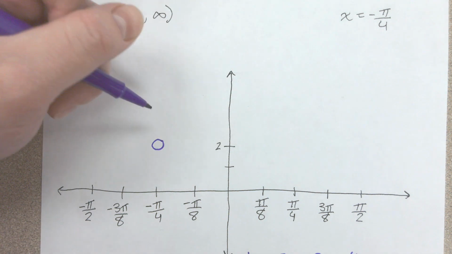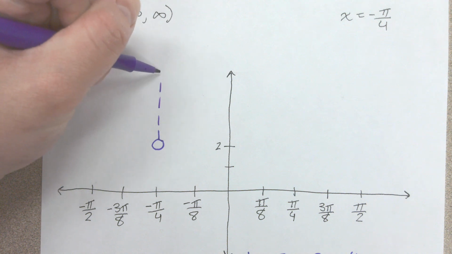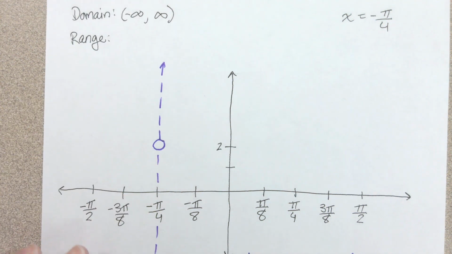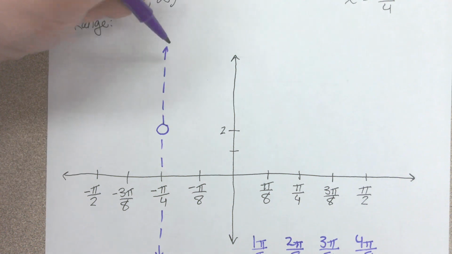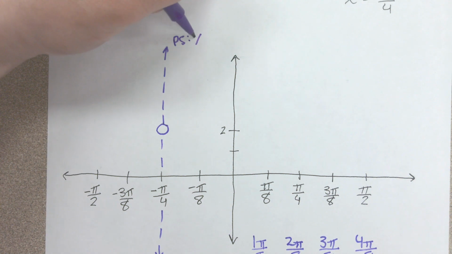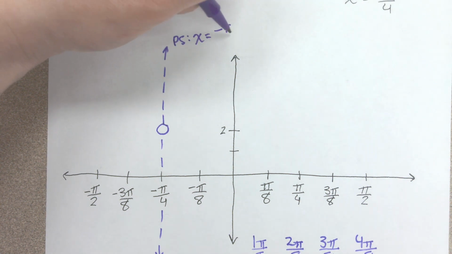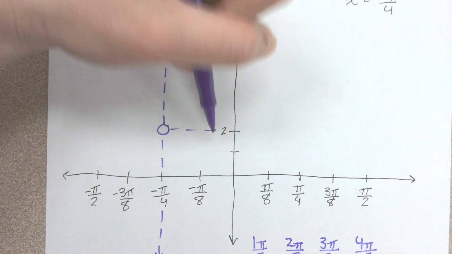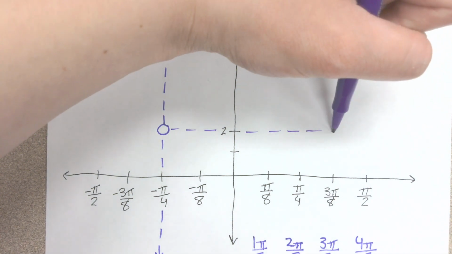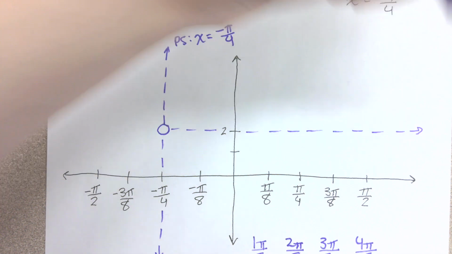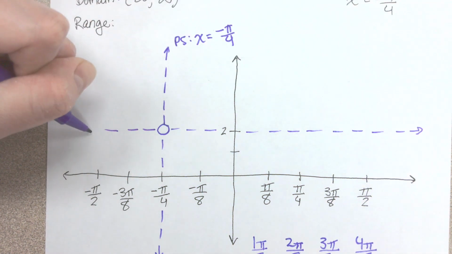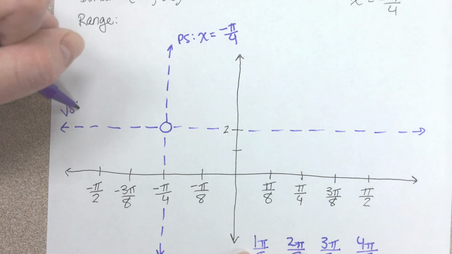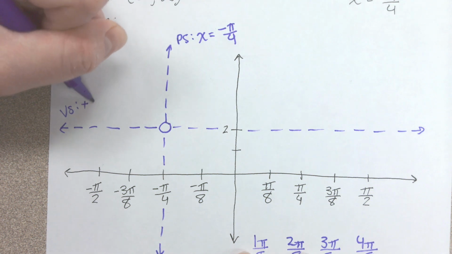I'll do a vertical and a horizontal. Reminder, the vertical line represents the phase shift of x equals negative pi over 4. And the horizontal is the vertical shift of plus 2.